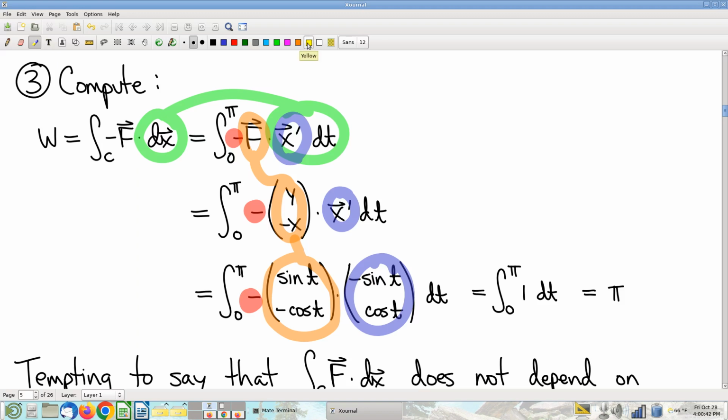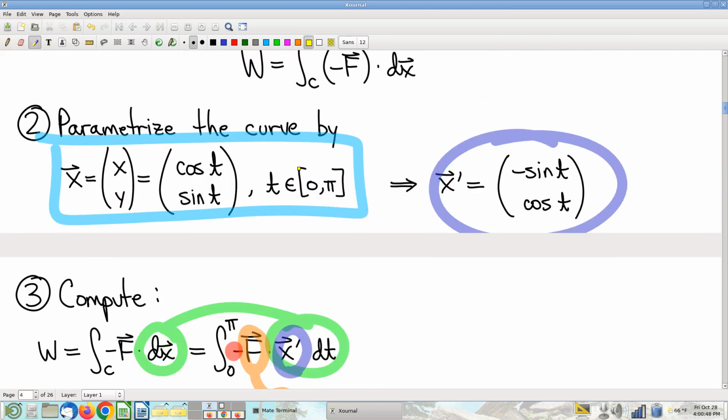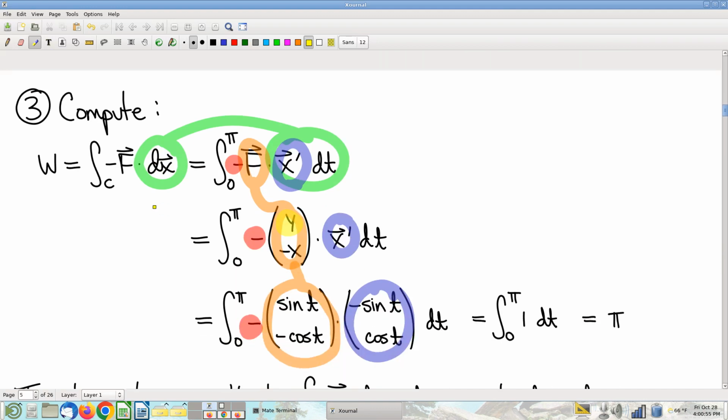Notice I do need to figure out how to rewrite y. What is y? Well, that comes from the parameterization. Y is sine t, right there in the parameterization. Everybody happy?